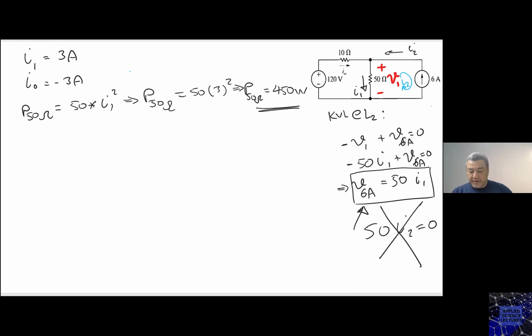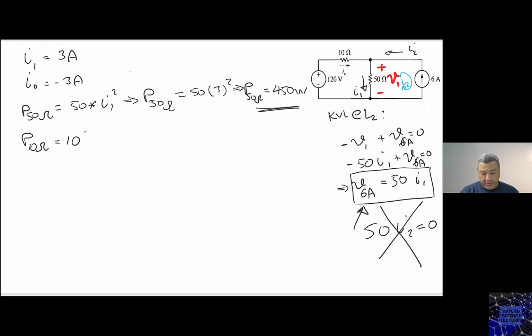Okay. Now what about the 10 ohm? The 10 ohm, I have the current I naught being negative, but anyway, the resistors will always have a positive power because they always absorb energy.